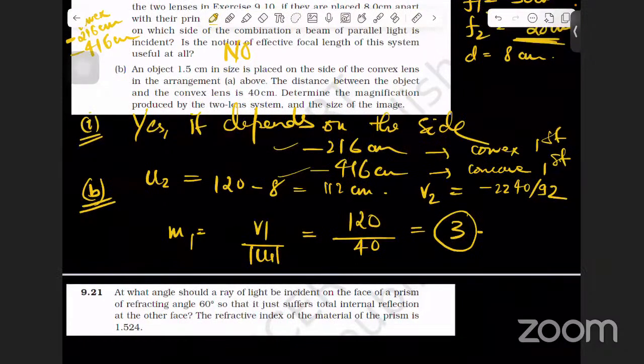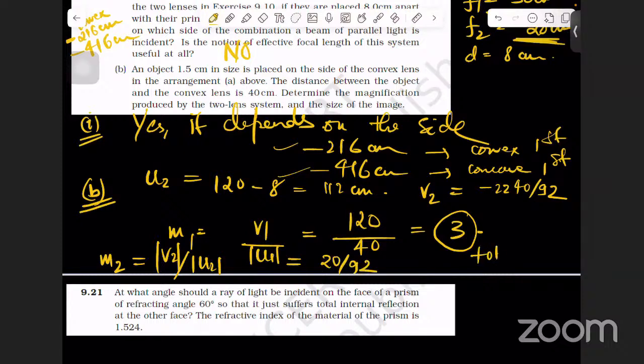So that is M1, and M2 is V2 by mod of U2, which is 20 over 92. So the total magnification is M1 into M2, right?